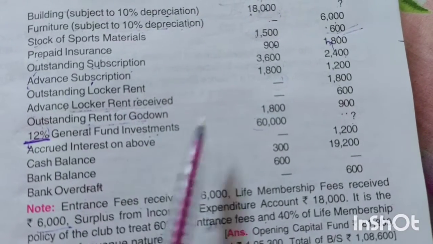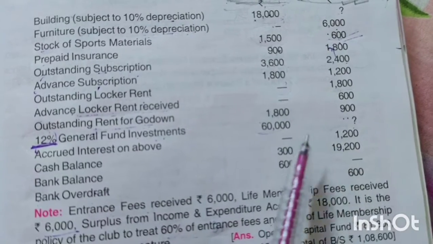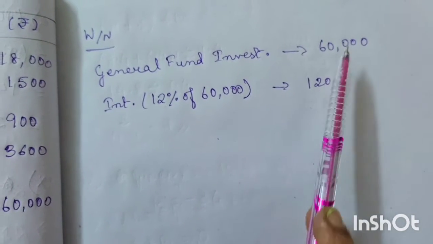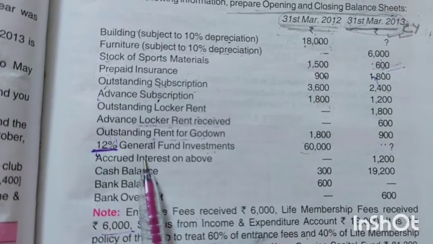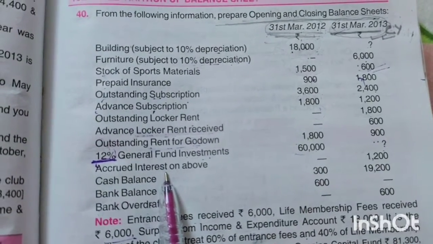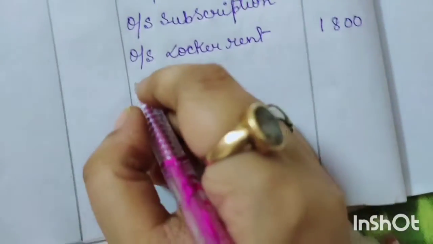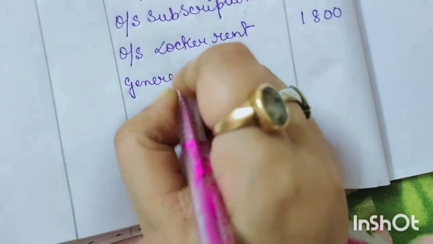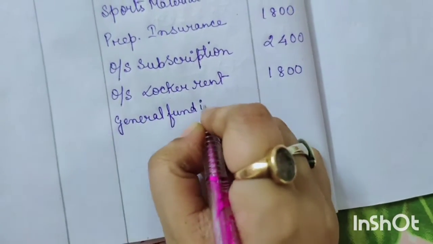Okay, now see next item what is written here, then you can understand very easily. Accrued interest on above means on 60,000 is 1200 at the end of the year. That means the total interest which you are supposed to get from general investment, you have not got it. Accrued means, the word accrued means amount which is due to you, means you are supposed to get but you have not got, just like outstanding. Okay, so in the closing, how you will write? General fund investment.